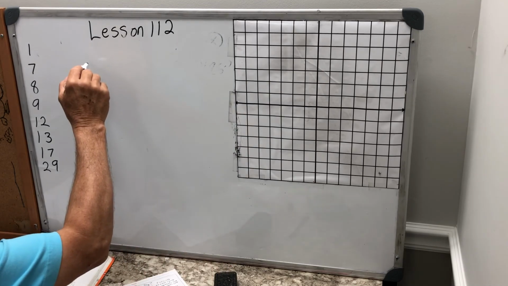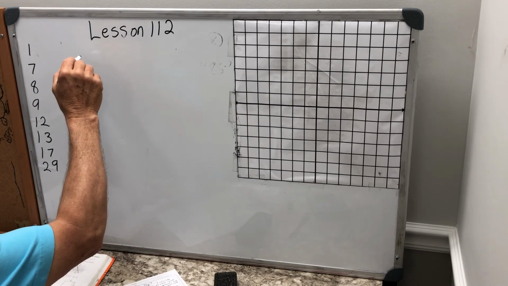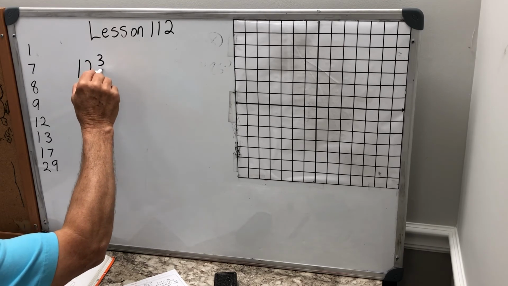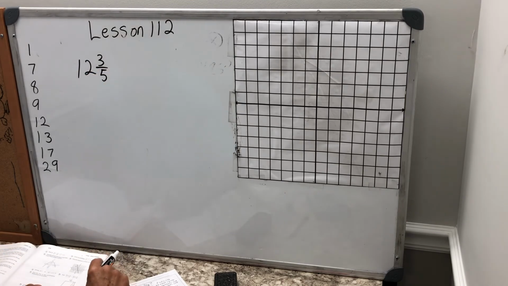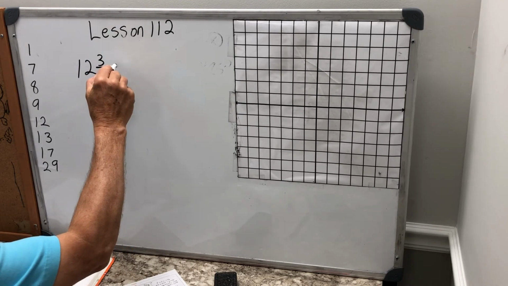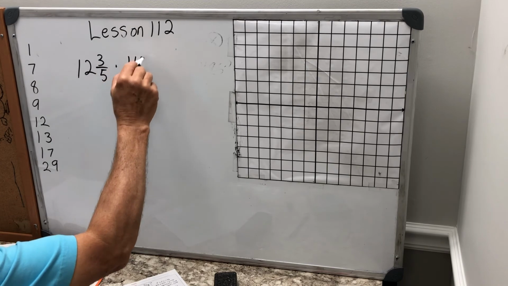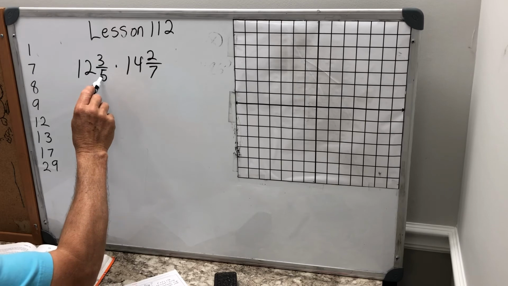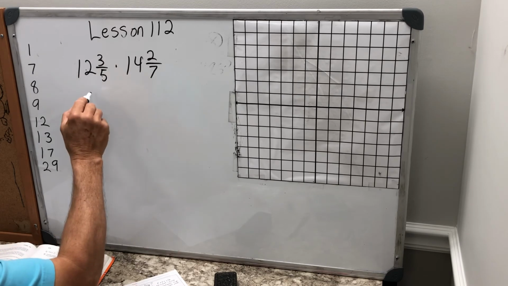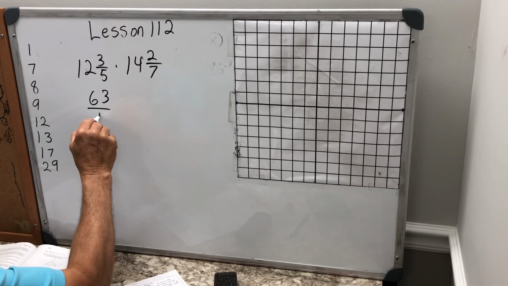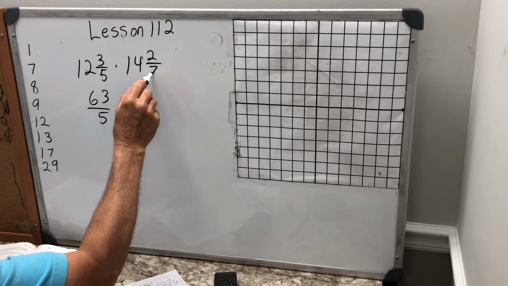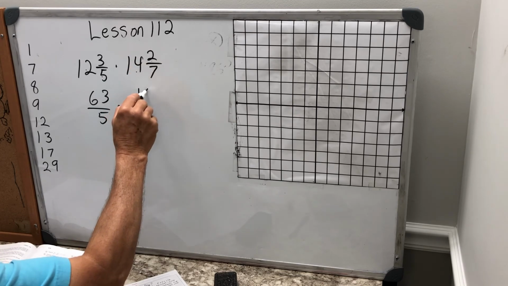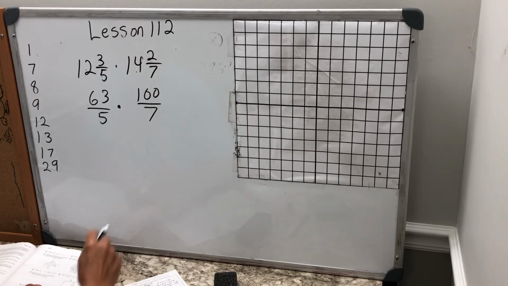Here we go. This is a multiplication. This is finding the area, so you'll know how to do this, and I'm just going to do it so that you follow the process. 12 3/5 times 14 2/7. Put these into mixed numbers. 5 times 12 is 60, plus 3 is 63 over 5, times 7 times 14 is 98, plus 2 is 100 over 7.